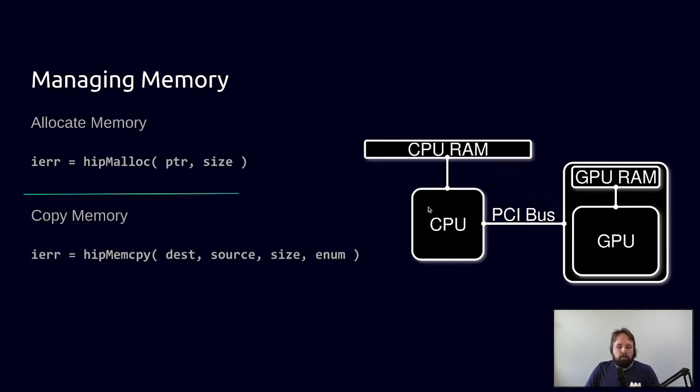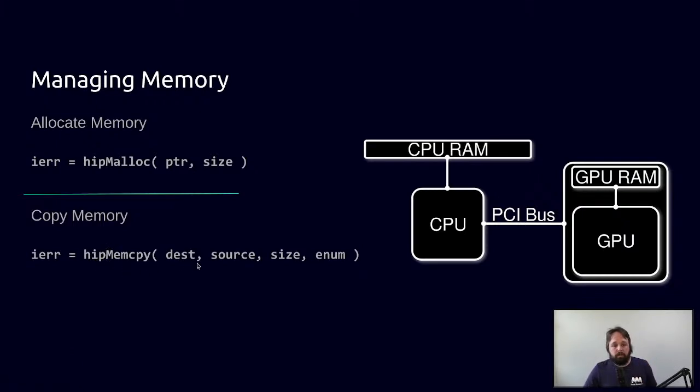Now, if you want to move data between CPU and GPU, so suppose you may have written some code on the CPU side, you're reading in something from file, or you've initialized an initial condition for some CFD code, or whatever it is you're doing, you need to then take that initialized data on the CPU, and if you want to compute with it on the GPU, you've got to copy it over there. So you can use the hipMemcpy API call to make that happen.